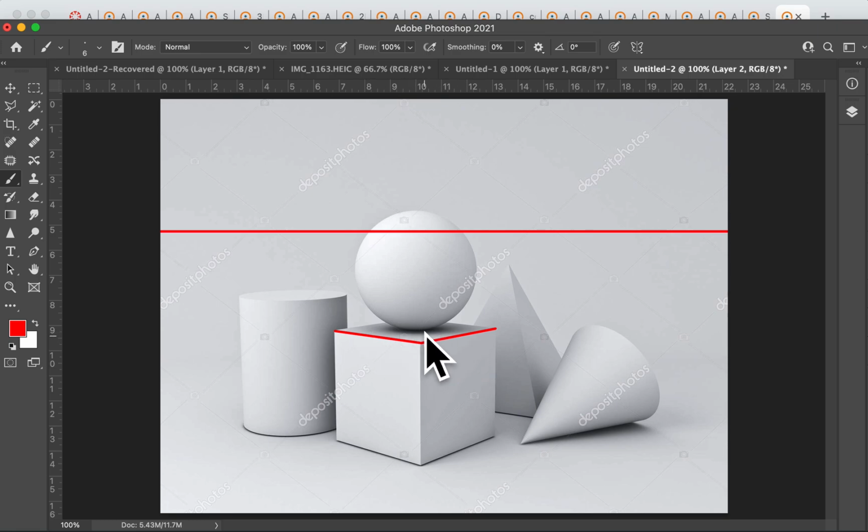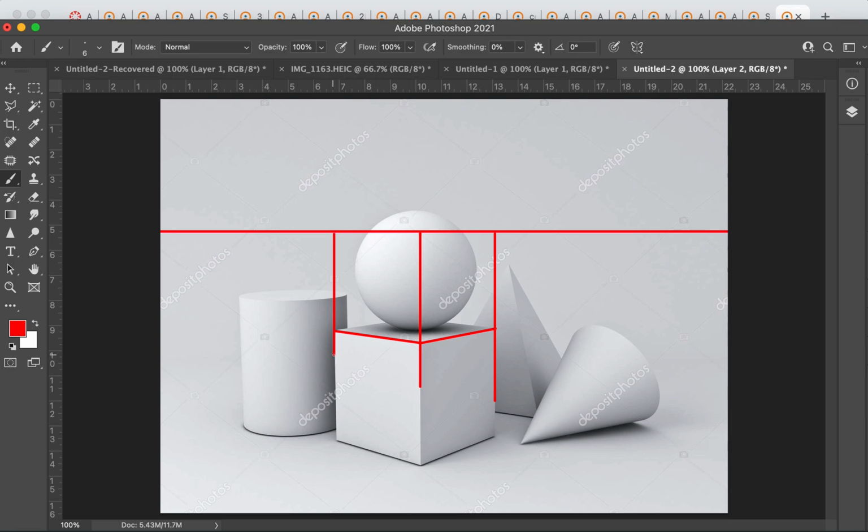As this surface approaches it, this angle gets narrower and narrower, until if this cube were more of a rectangular prism and the surface was right at eye level, we would draw it like this. It would be flat, right?